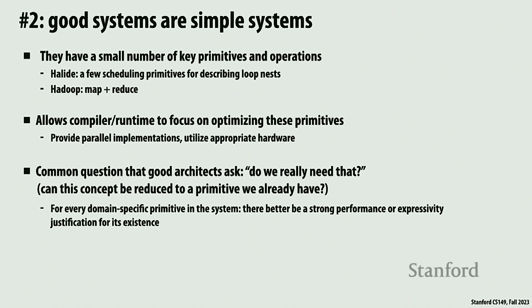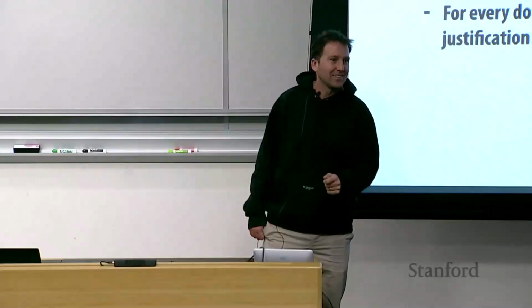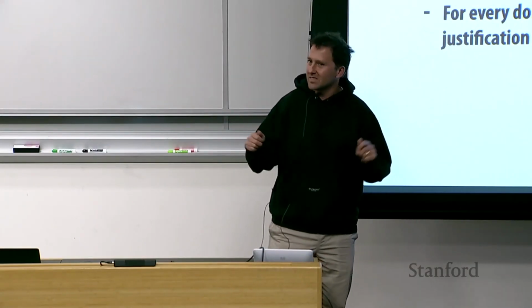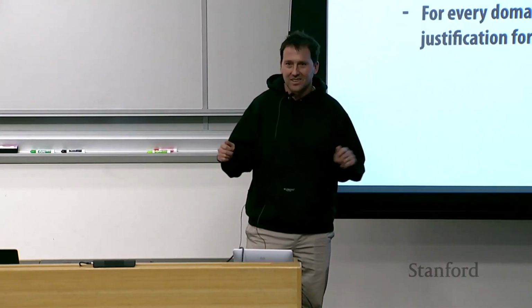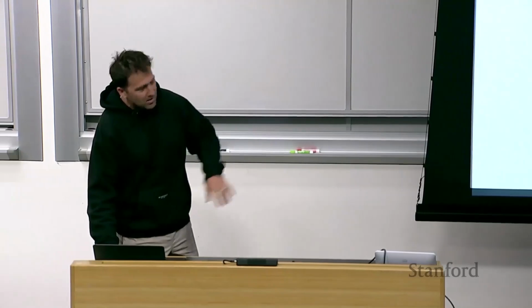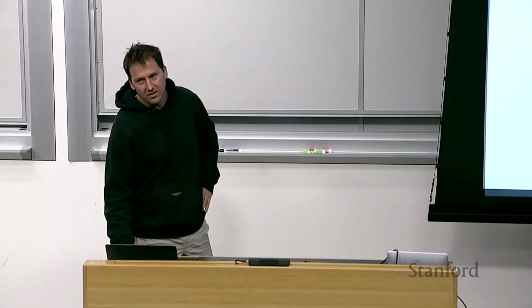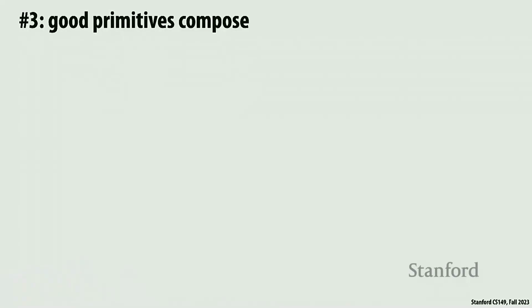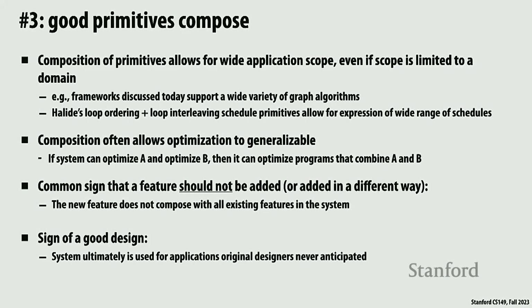They say, no, show me why you can't do it with what you have. Because they know that once you get more than a couple of primitives, you just start losing control of this thing. All the beauty of being able to make a few things fast starts going away. So most of these systems have a very small number of primitives, and if you have a small enough number of primitives, they compose.